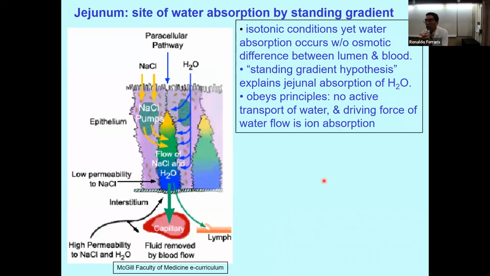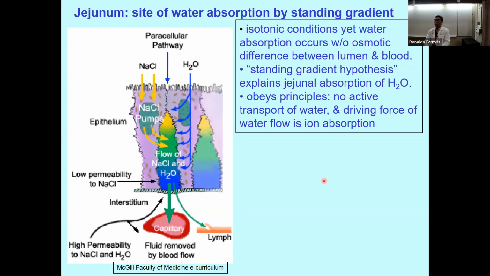So if the contents of the jejunum are isotonic with that of the blood, how can you absorb water? Because you have a semi-permeable epithelial layer, and then you have net absorption of water.